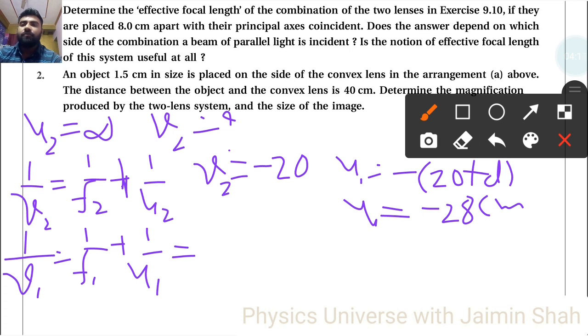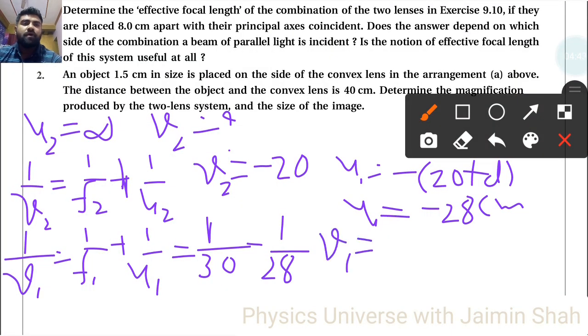So that gives 0.333 minus 0.357, which is about 0.0024, and taking the reciprocal, v1 is equal to 420 centimeter.